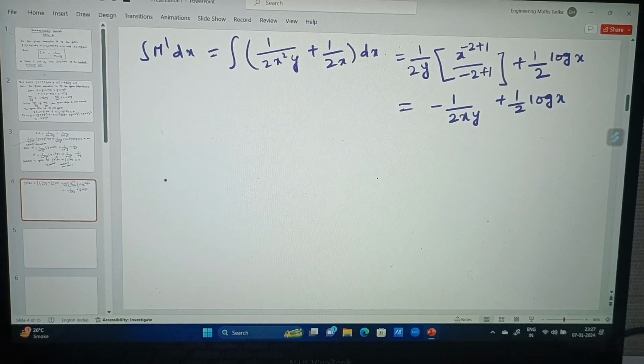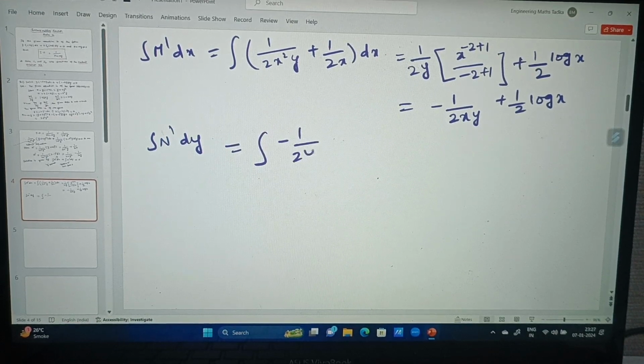Okay? m dash का इंटीग्रेशन करने के बाद n dash को इंटीग्रेट करना है with respect to y. So what is integral of n dash dy? It is nothing but integral of minus 1 by 2y dy, which is minus 1 upon 2 into log y. Okay?